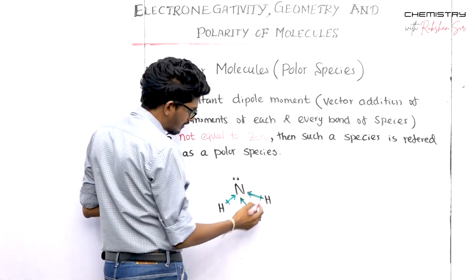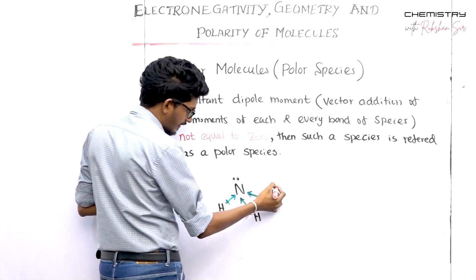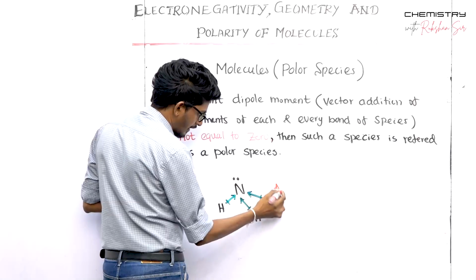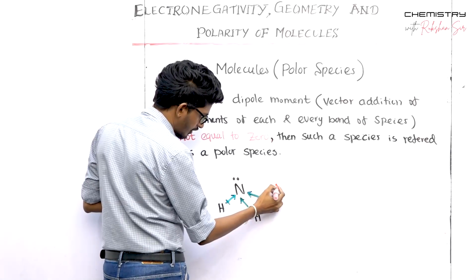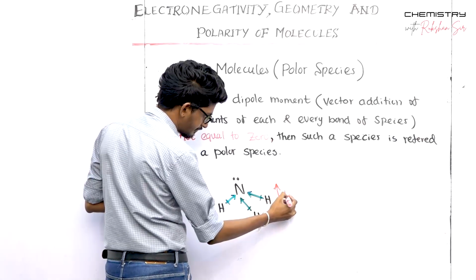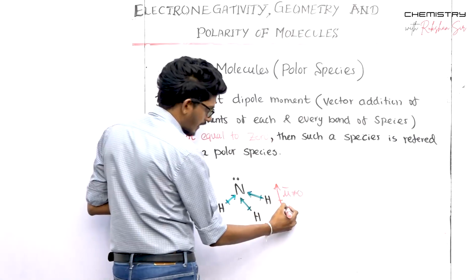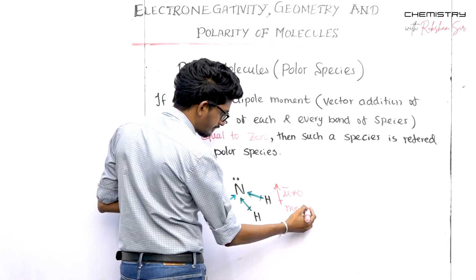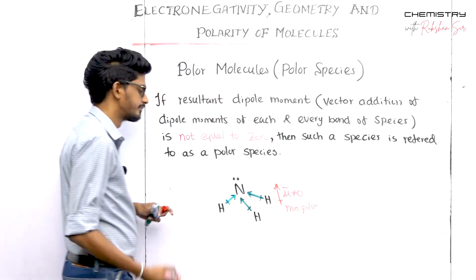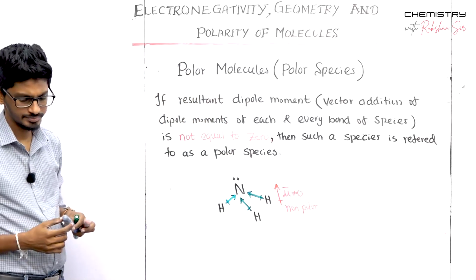So this is not going to be equal to 0, right? The net dipole moment will appear towards upwards ultimately. So NH3 is polar.